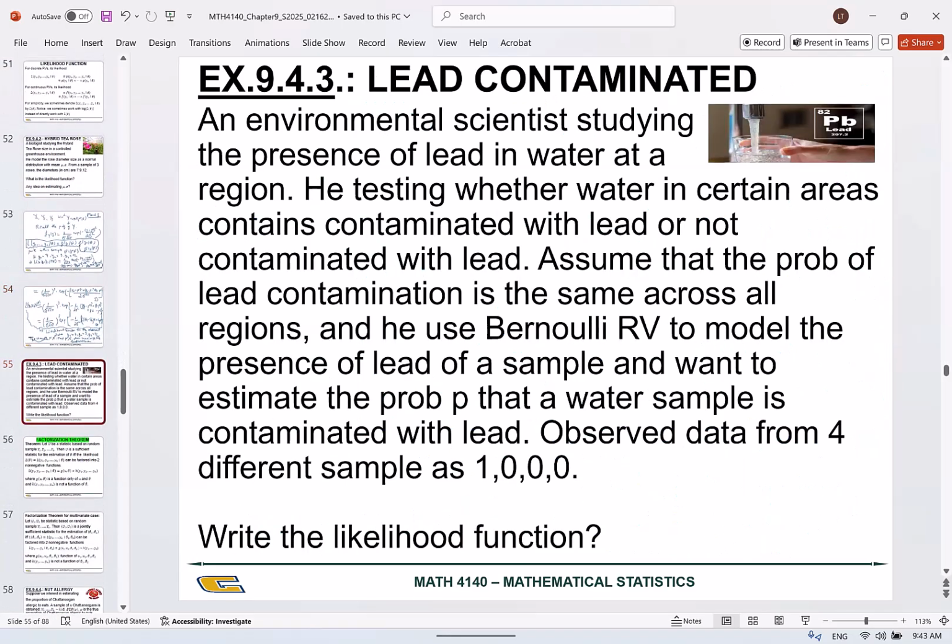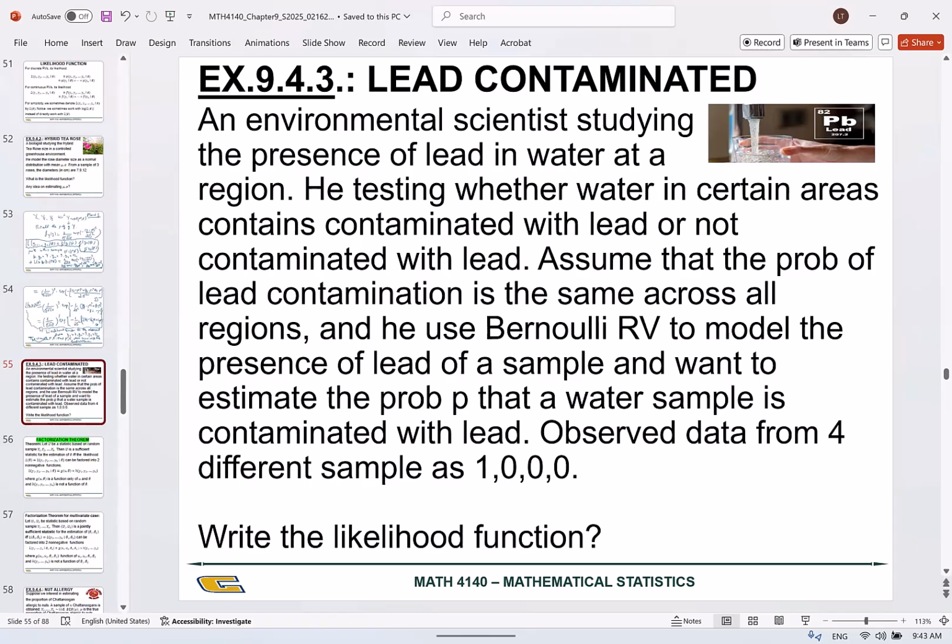So again, another example here. An environmental scientist studies the presence of lead in water at a region. He tests whether water in certain areas is contaminated with lead or not.